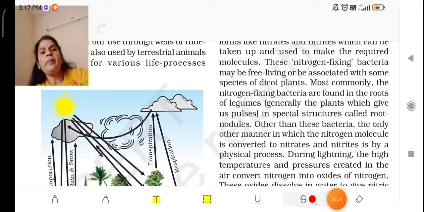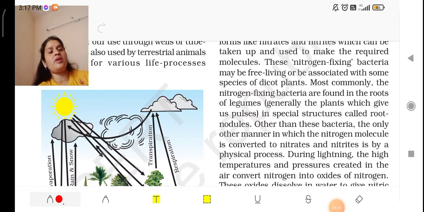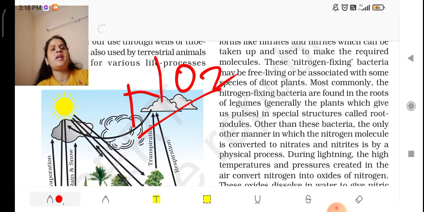One more method is there to convert nitrogen into nitrate and nitrite. In the atmosphere during the rainy season, what happens? There will be lightning and thundering. Because of lightning and thundering, high temperature and pressure is created. Due to this high temperature and pressure, nitrogen combines with oxygen to form nitrogen dioxide.